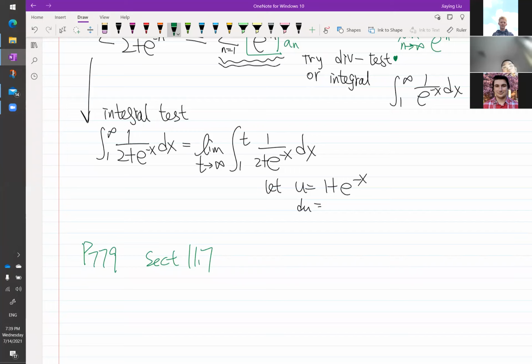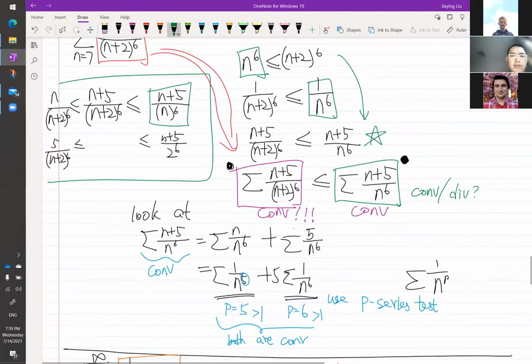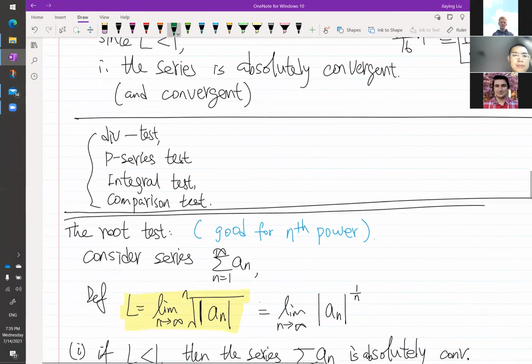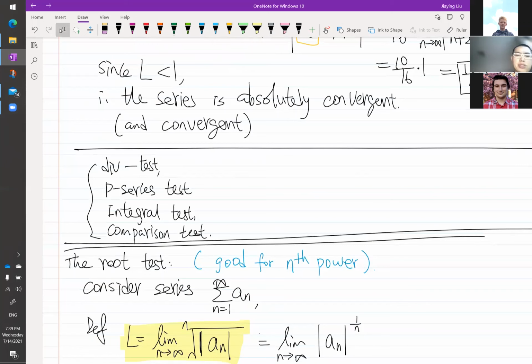So it does have a list of tests that you can try. But for now, like I wrote at the very beginning, we talk about the divergence test, p-series test, integral test, comparison test. Just try the divergence test and the p-series test first, because those are the simpler ones. If that doesn't work, try the other two.